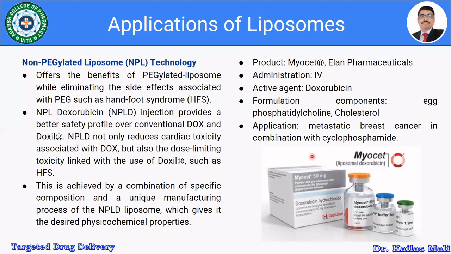So this is a product, Myocet liposomal doxorubicin. This is a non-PEGylated liposome technology which avoids certain side effects associated with PEGylated liposomal systems such as hand-foot syndrome.